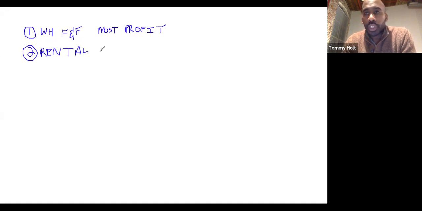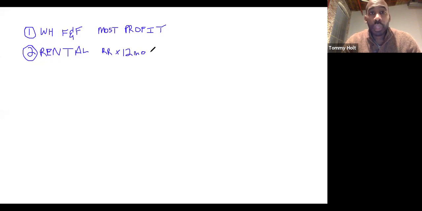Here, what are we looking at? We're looking at our rental rate, right? Times 12 months, minus our operating expenses, divided by the entire amount that we get into the property. So rental rate times 12 months, okay?